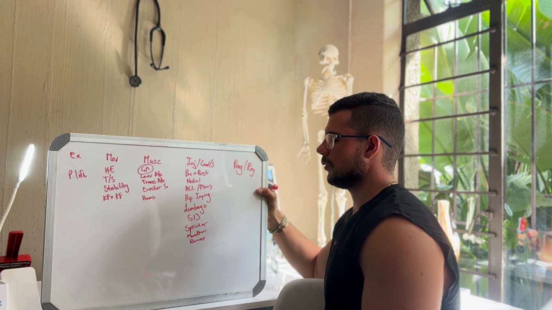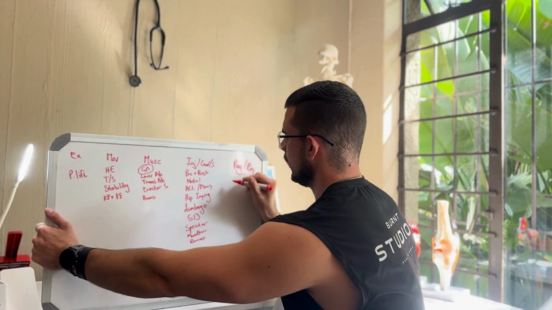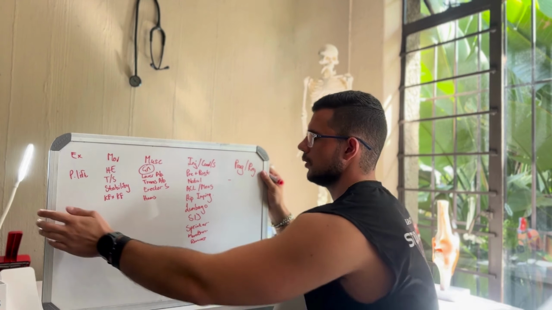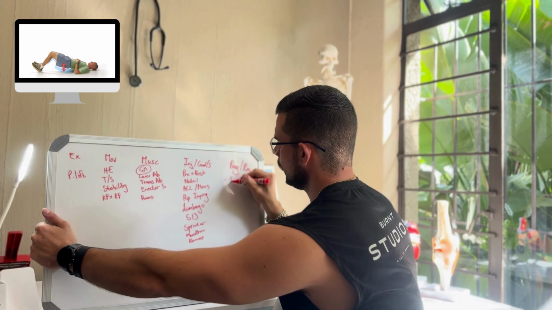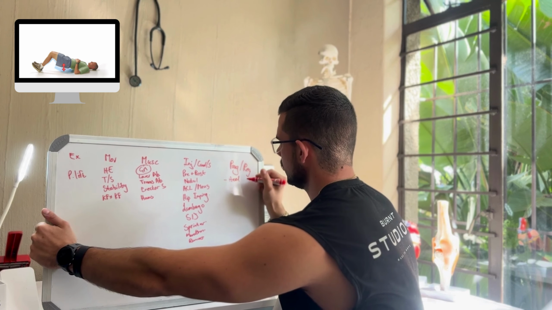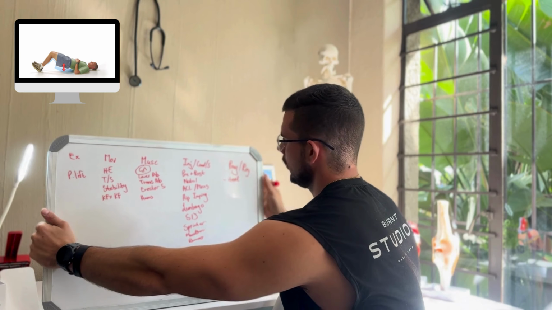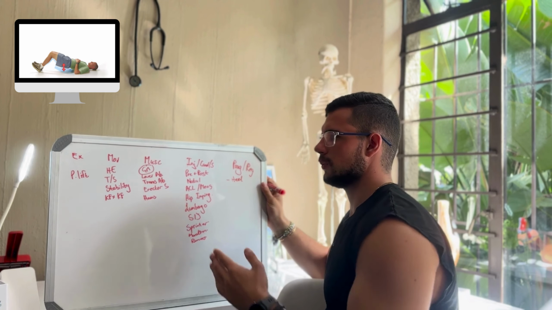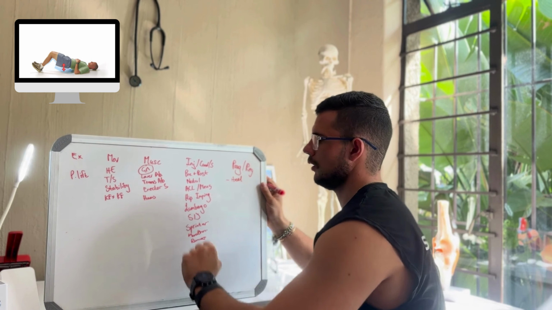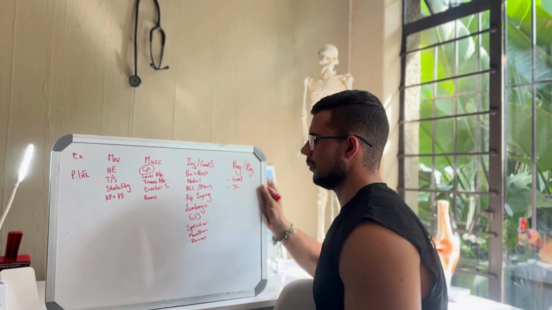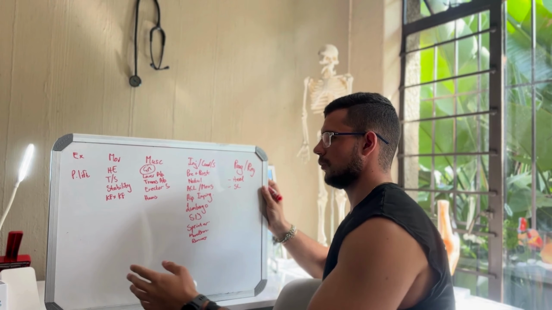Then in terms of progression and regression, when we're going to look at progression, you're starting off with a pelvic lift as normal. Then, if you want more hamstring involvement, you can do them on your heels, doing a pelvic lift on the heels specifically to get more hamstring involvement. Then you can do a single leg pelvic bridge, which is a progression from the normal.